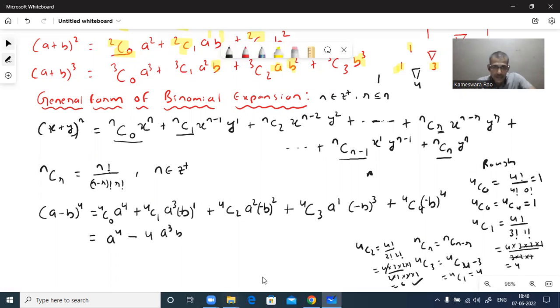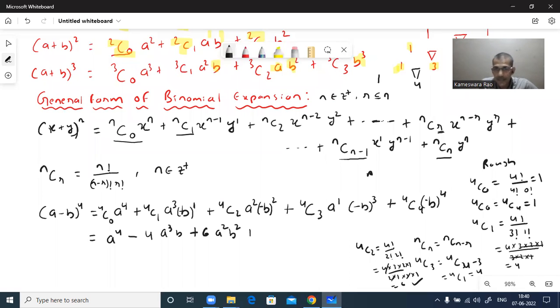Next, the third term, 4C2, we have just seen: the coefficient is 6. A square, and here I wrote plus only. Why? Because minus B whole square, when raised to even power, will be positive only.